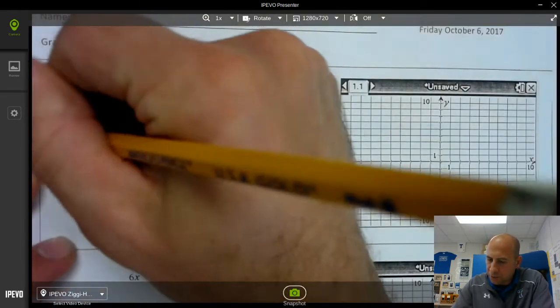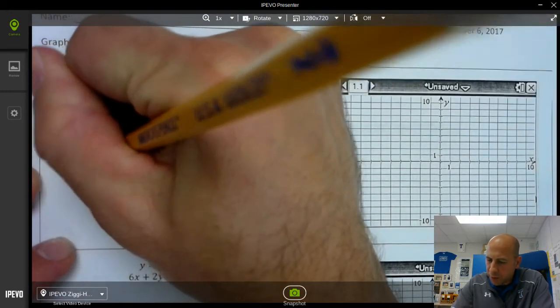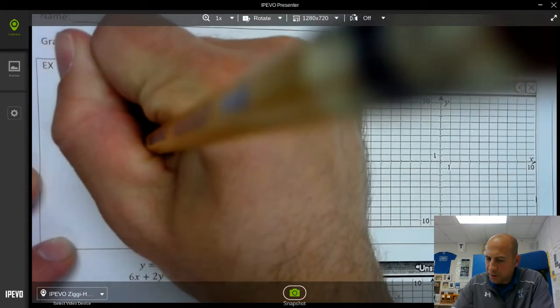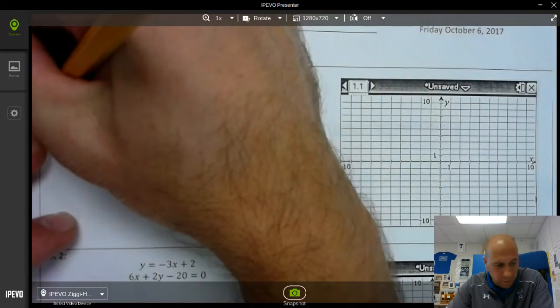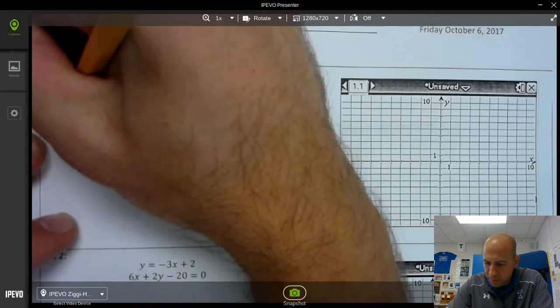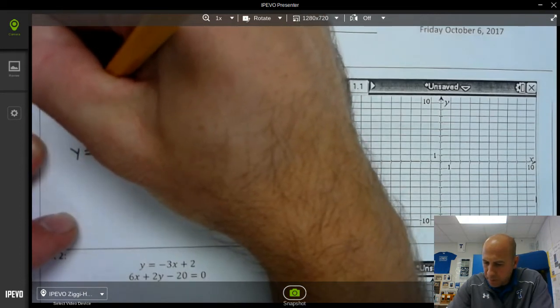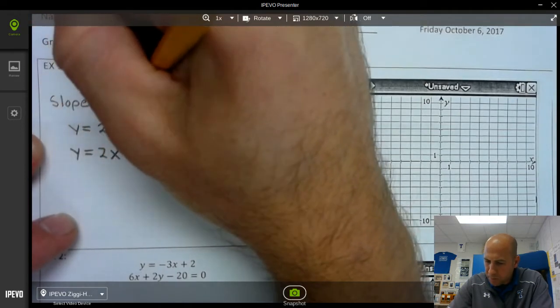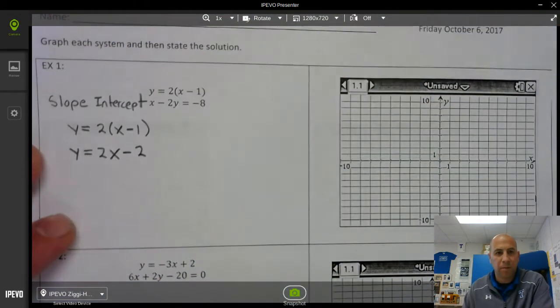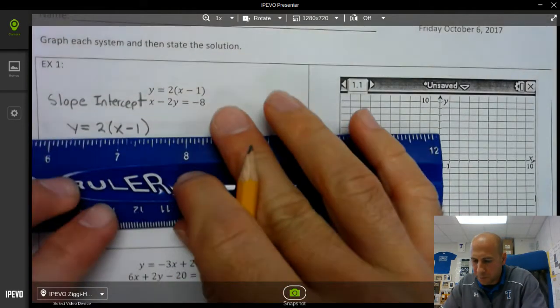So if we distribute the 2, we get y equals 2x minus 2. So now this is in slope-intercept form.